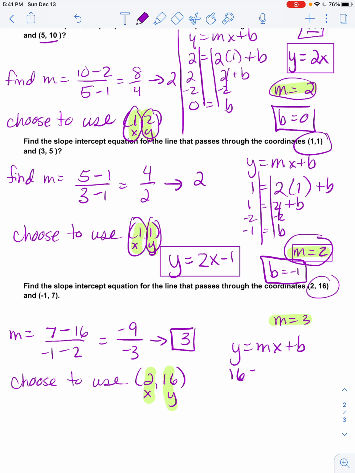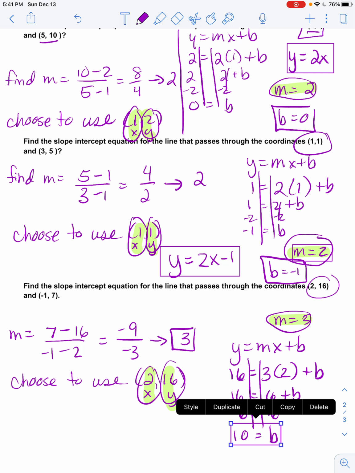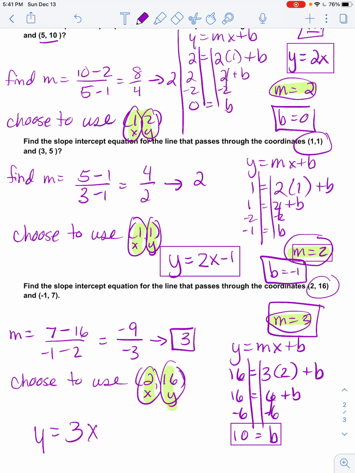So my y equals my m times my x plus b. Solving for that, I'm going to get 16 equals 6 plus b. To get that 6 out of there, I'm moving it over by subtraction, and b is 10. So knowing that, I can write my equation. Y equals m from up here, x, and then my b, plus 10.